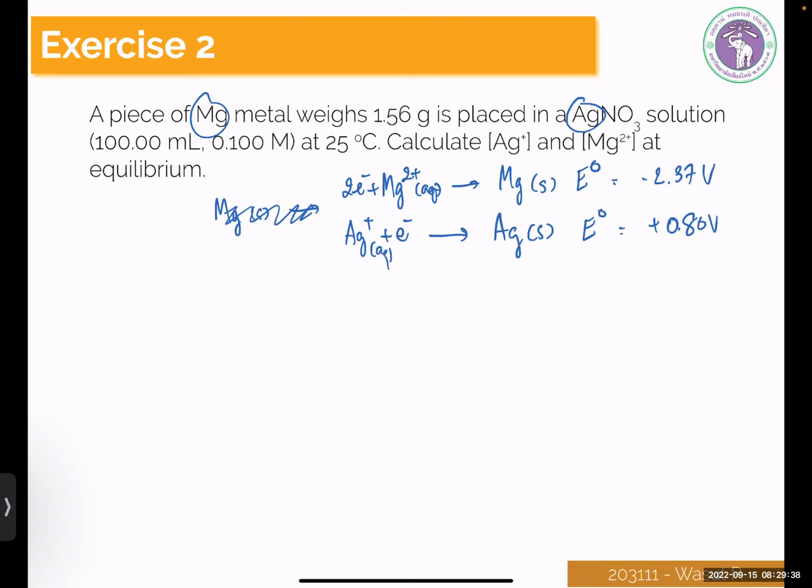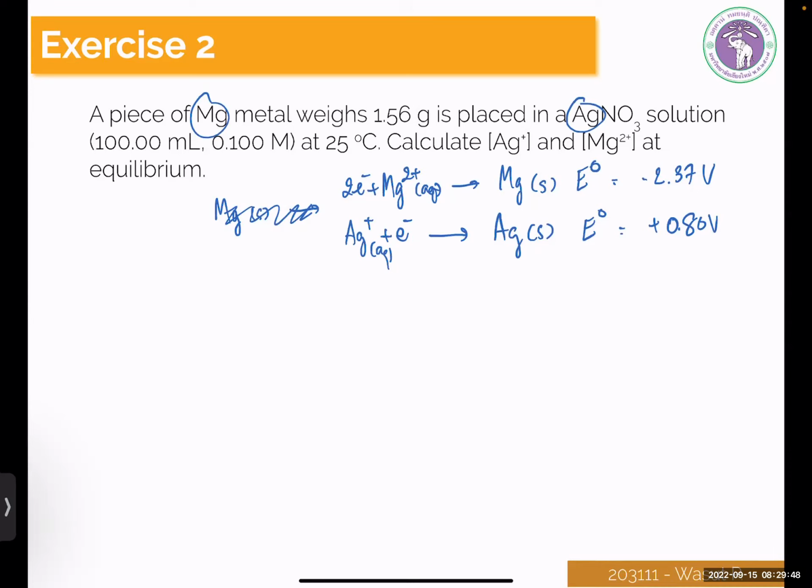So now tell me, if I connect these two half cells together, which one will be my anode? Magnesium. Why? Because the E naught is lower, right?